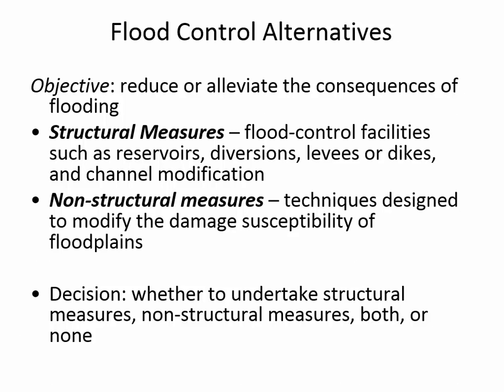So we're going to go through and look at some of the structural measures first. Structural measures just basically means facilities like a reservoir, a diversion, a levee, dike, channel modifications, the things where you're going to get some machines and have a project. That's a structural measure, the sort of thing where you need a backhoe and you're stamping plans.